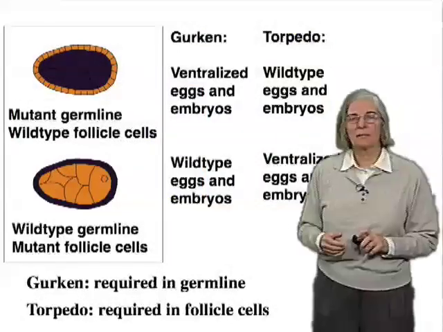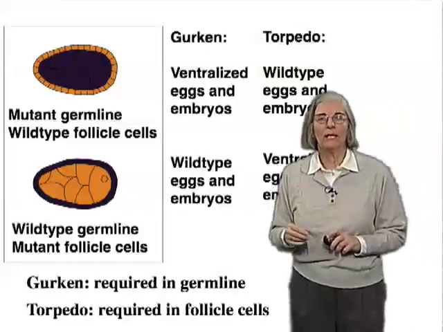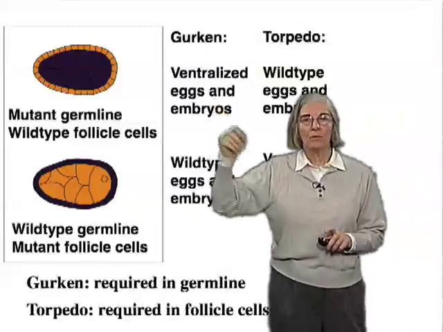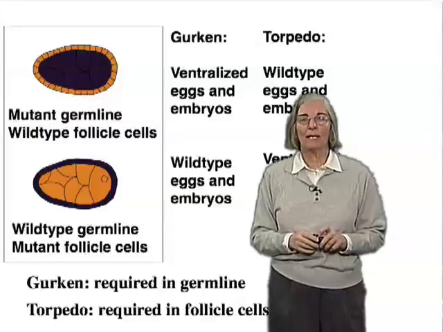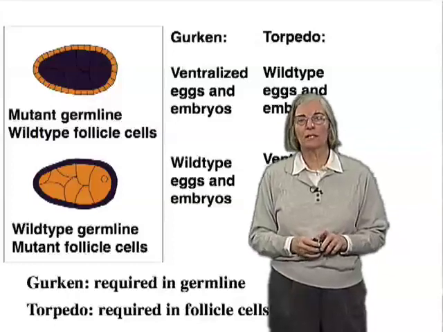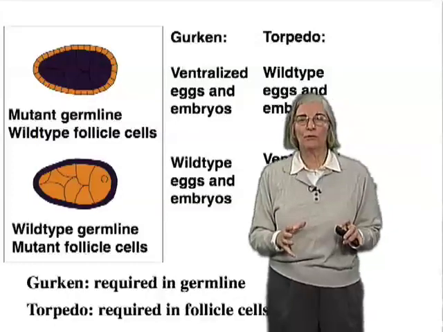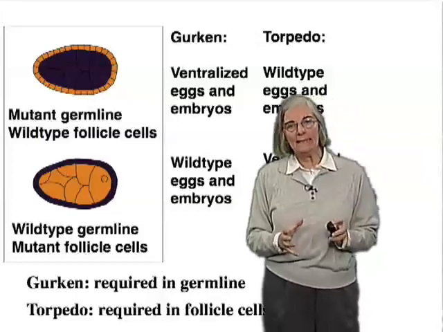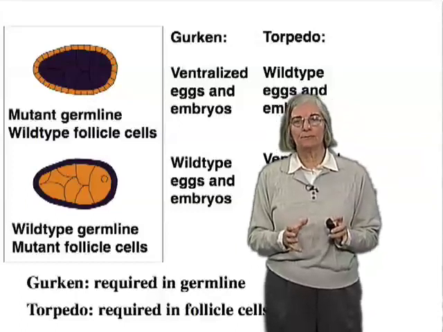Performing such transplantations, we found in the case of Gurken that when we had a mutant germline but surrounded by wild-type follicle cells, we saw the mutant phenotype. The eggs and the embryos were ventralized.